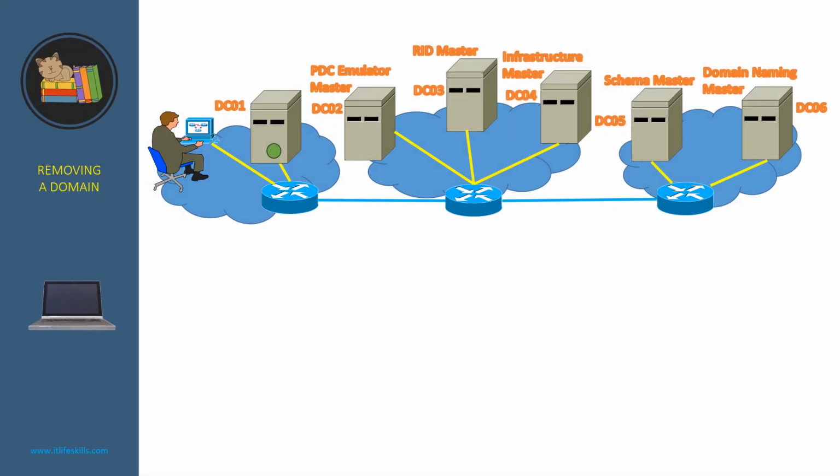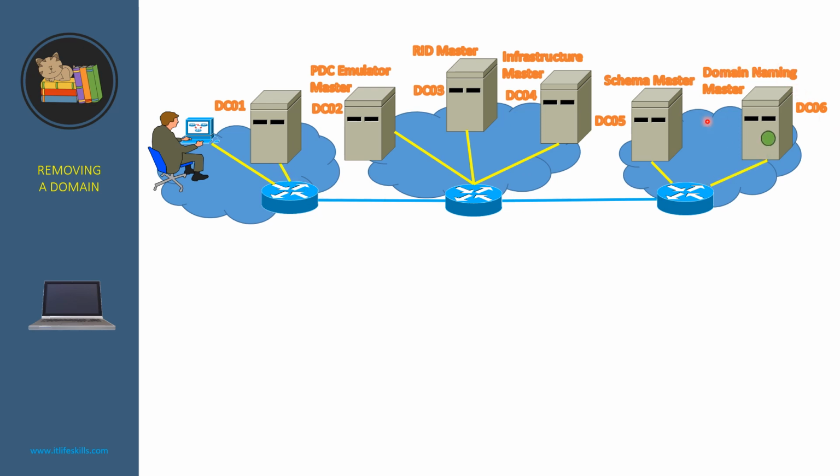So what happens when we remove a domain? As you know, removing a domain must be conducted on the last domain controller by selecting the option Last domain controller in the domain, which makes the DC promo process of the current domain controller contact the domain naming master to remove the domain.